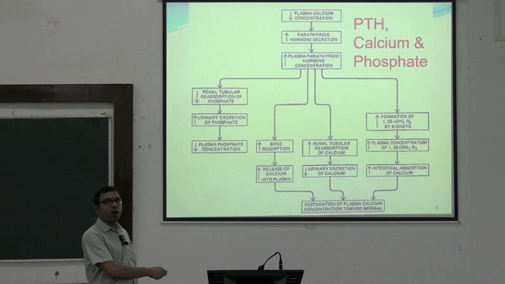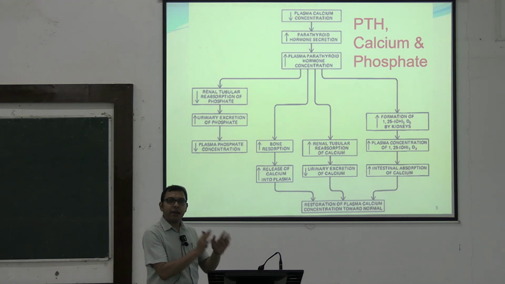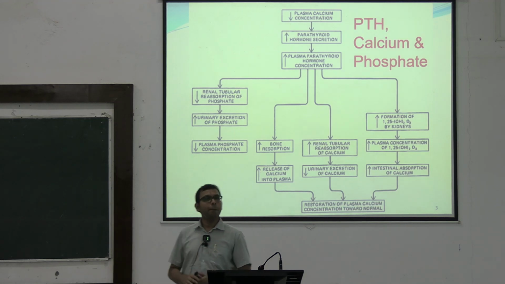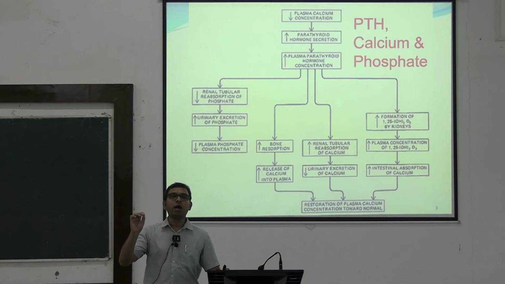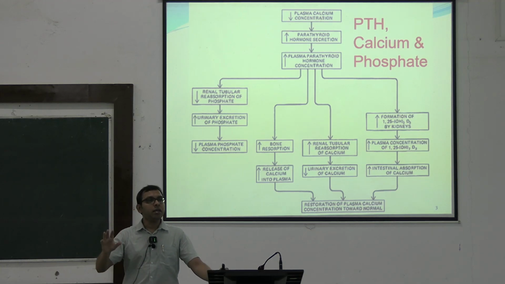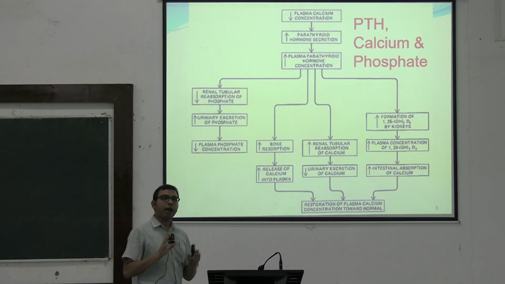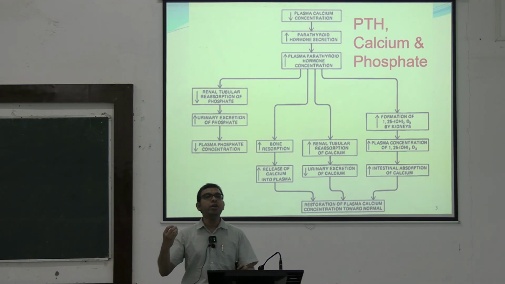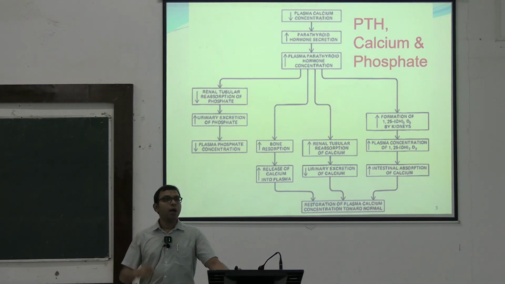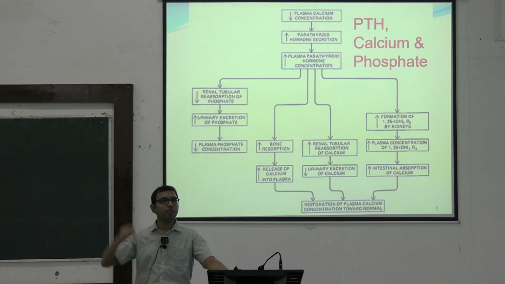So ultimately parathyroid hormone acts on the intestine, on the kidney, and on the bones. What is the action of the parathyroid hormone on the intestine? In the intestine, it helps in increased absorption of calcium as well as increased absorption of calcitriol, and this calcitriol in turn also helps in increased absorption of calcium. In the kidney, parathyroid hormone helps in increased reabsorption of calcium, but it causes less reabsorption of phosphate and more secretion of phosphate.